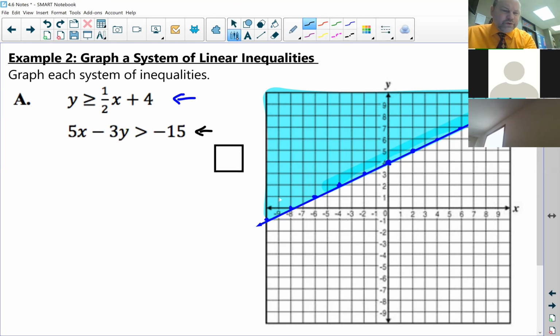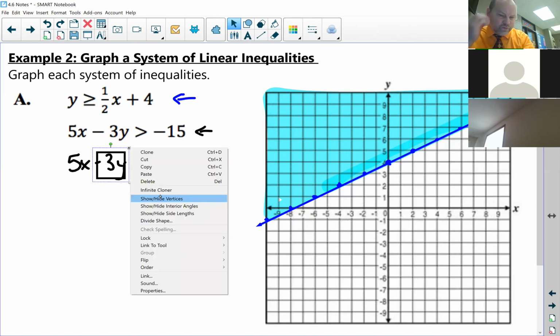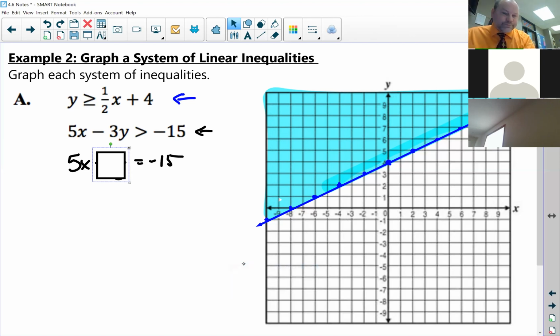What I'm doing is I'm actually working with the equation and now I cover up the y and I solve.